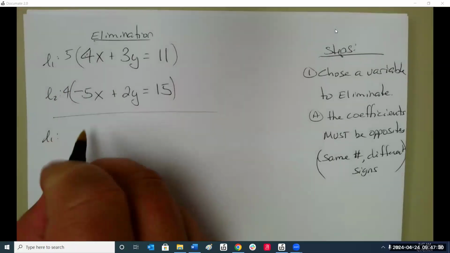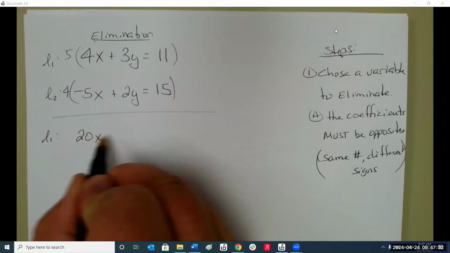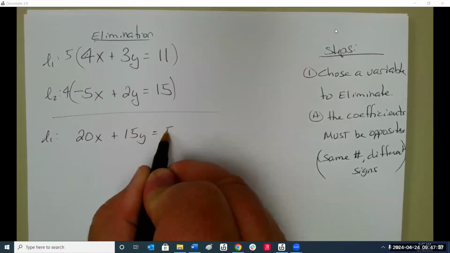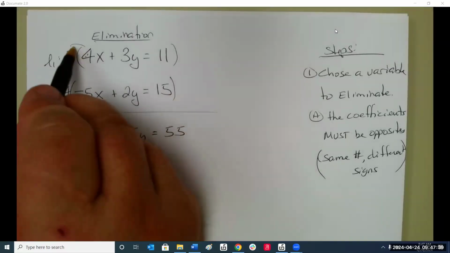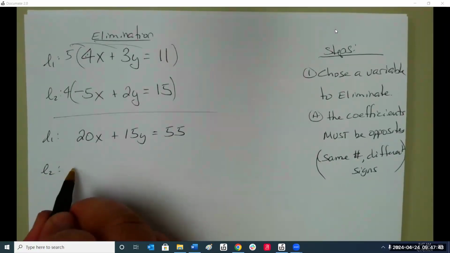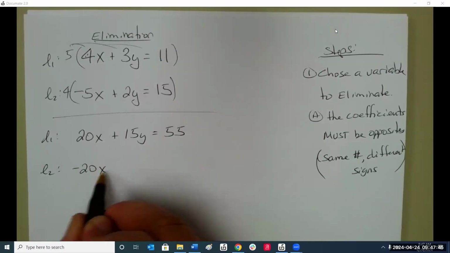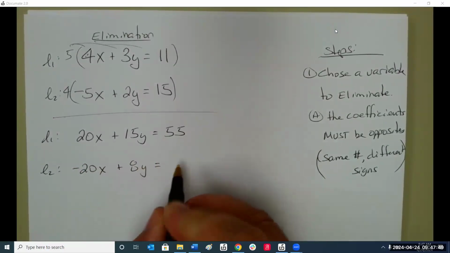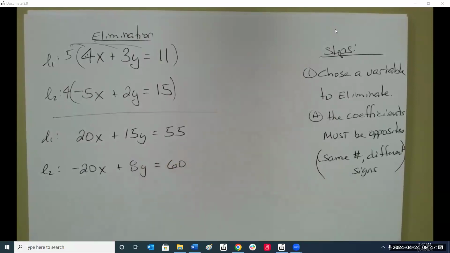So line 1 becomes 20x plus 15y equals 55. And line 2 becomes negative 20x plus 8y equals 60.